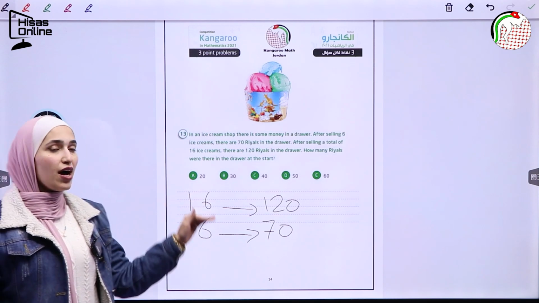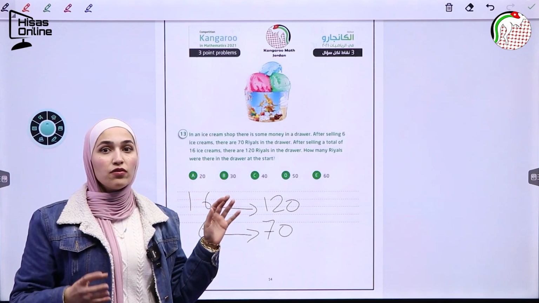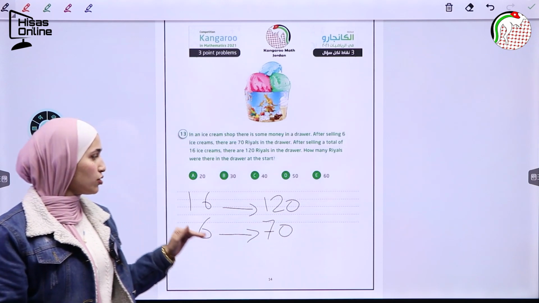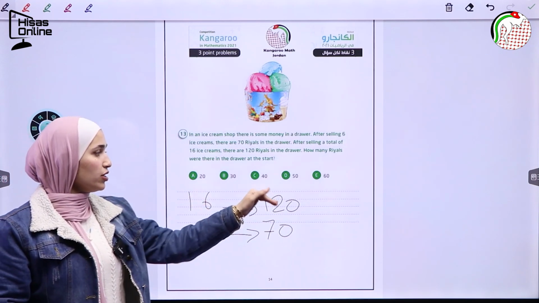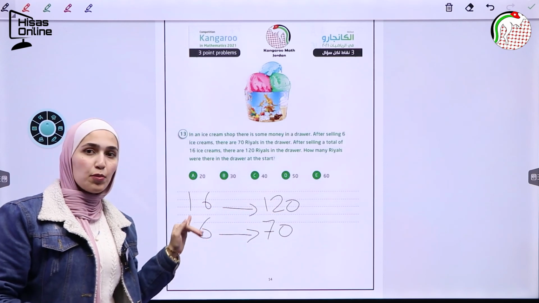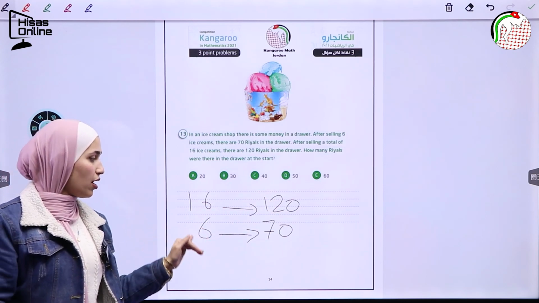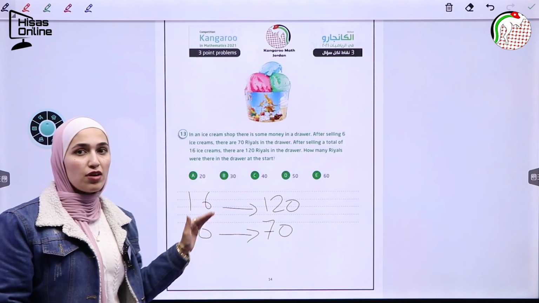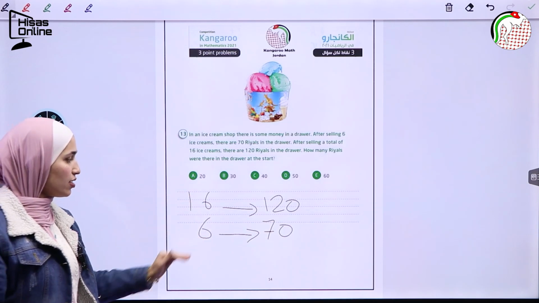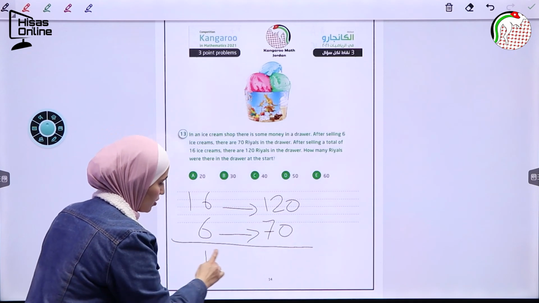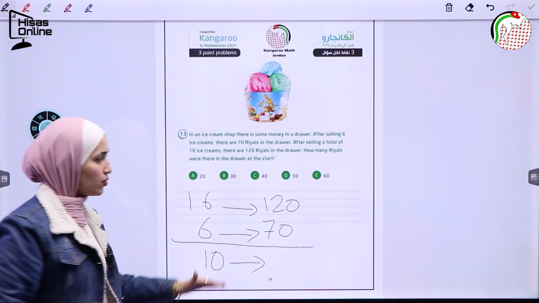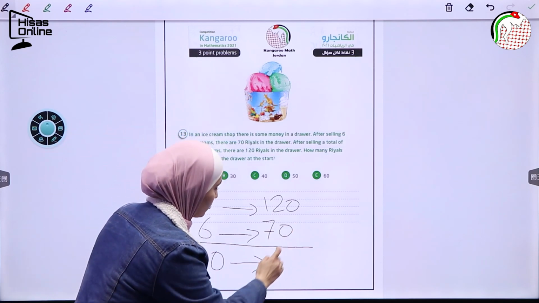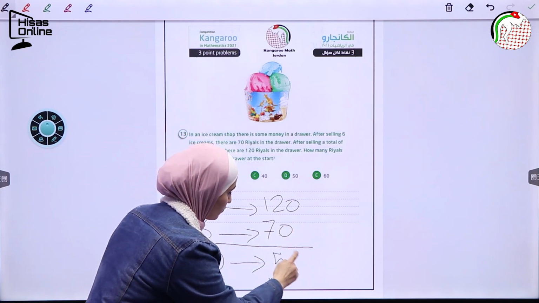Okay, so to find the price of 10 ice creams, you should subtract what was in the drawer after selling 6 ice creams from what was in the drawer after selling 16, to find the price of 10 ice creams. 16 minus 6 is 10 ice creams, and 120 minus 70 equals 50.